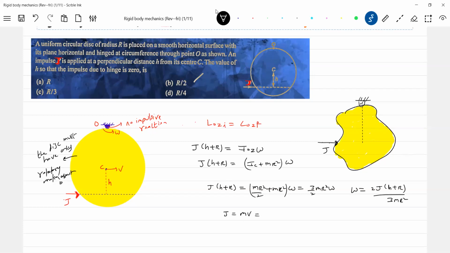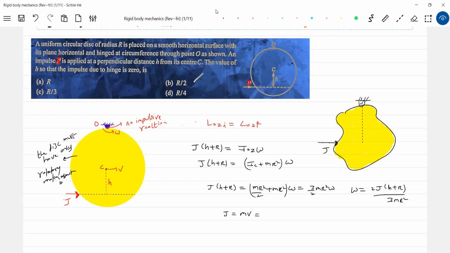Then I should consider the impulse with respect to the center of mass, because no impulsive reaction will come. If you apply at any other point, impulsive reaction will come. In that case, J minus J_R should be equal to MV. Since there's no impulsive reaction, J should be equal to MV. Are you able to understand?